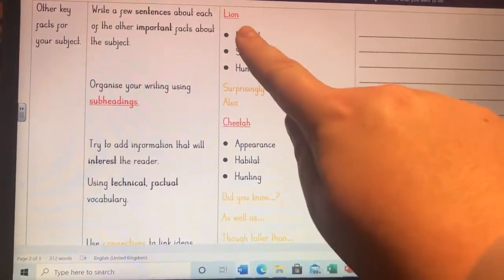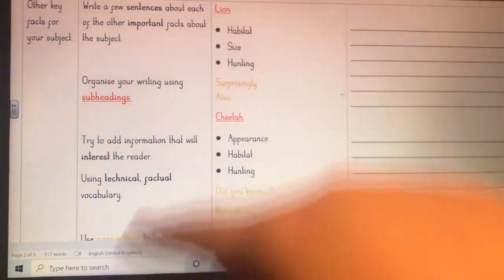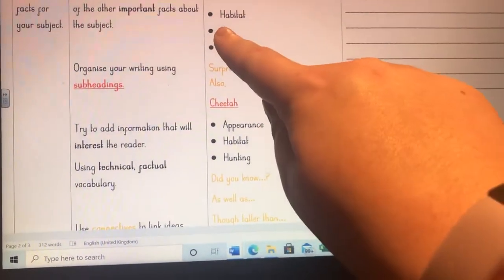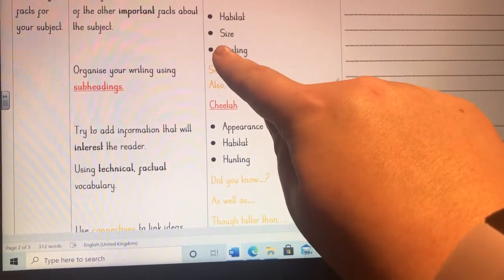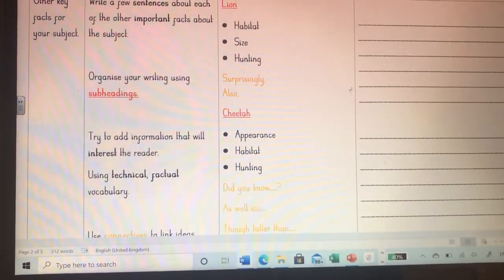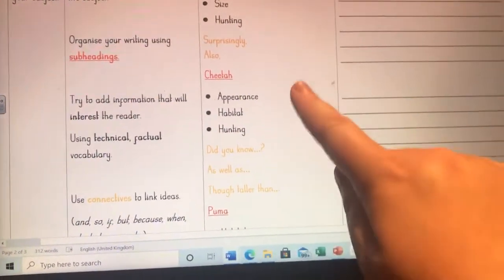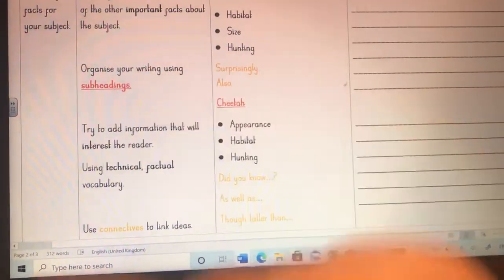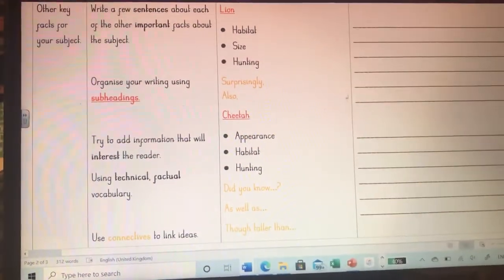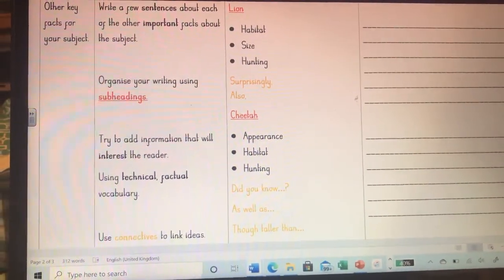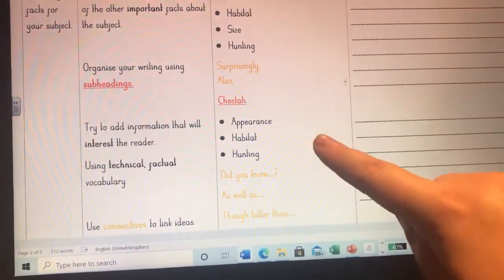So in the lion, it had the habitat, where they live, the size of the animal, and what they hunt. And we made sure that we had some connectives to link the ideas. So the lion had surprisingly and also. What could you include in yours?